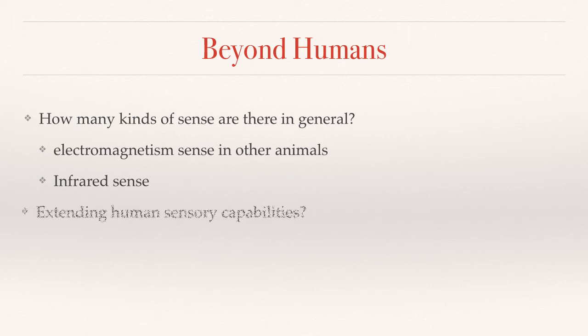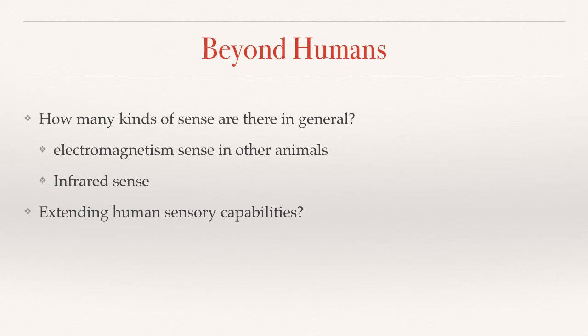Now, once you have this in mind, one natural question emerges, which is, well, gee, if there are these other senses that animals have, like for instance the electromagnetic sense, well, can I have that sense? I want it. I want to experience what it's like to sense an electromagnetic field. Is that possible, or is that not possible?